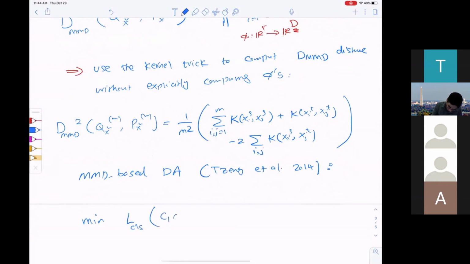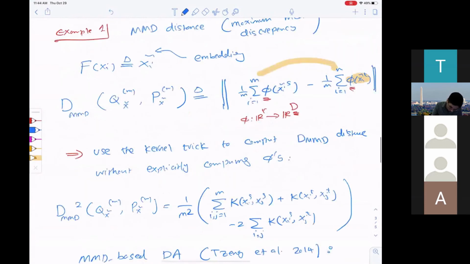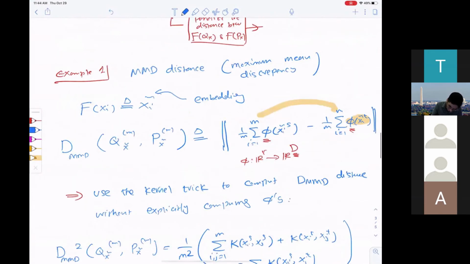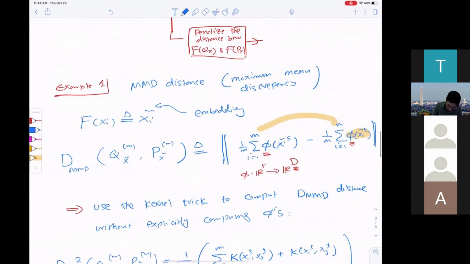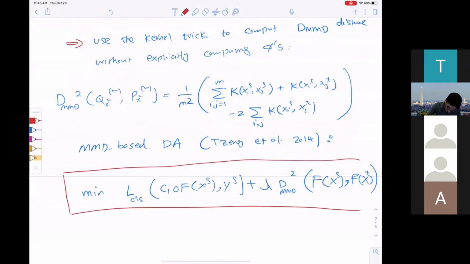I have C1 applied to my embeddings on the source sample, plus I want to penalize the distance between my unlabeled source and target, and I'm going to use the MMD distance to do that. That will be the distance between unlabeled source and unlabeled target after applying this embedding function. And we solve this optimization problem.